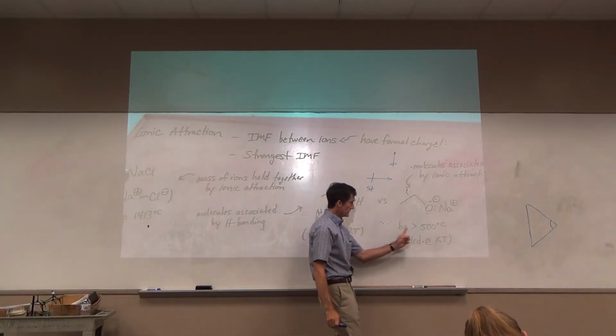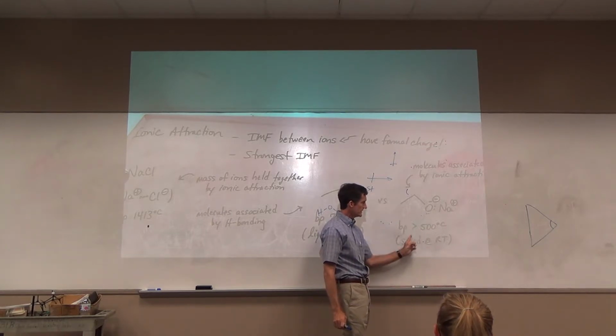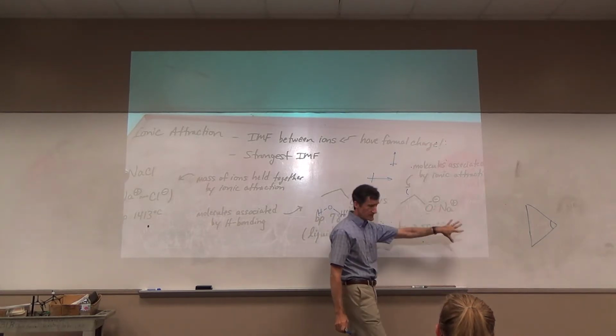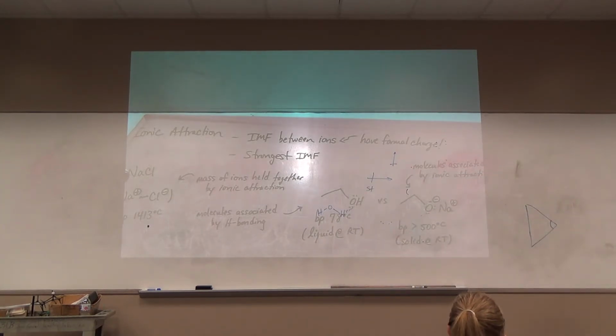And of course, something with such a high boiling point is probably also going to have a high melting point, and ultimately it's going to make salts tend to be solids at room temperature. 99% of your salts are solids, right? Because they have such strong IMFs, they're just stuck and have no mobility. In liquids, the molecules have to move a little bit.